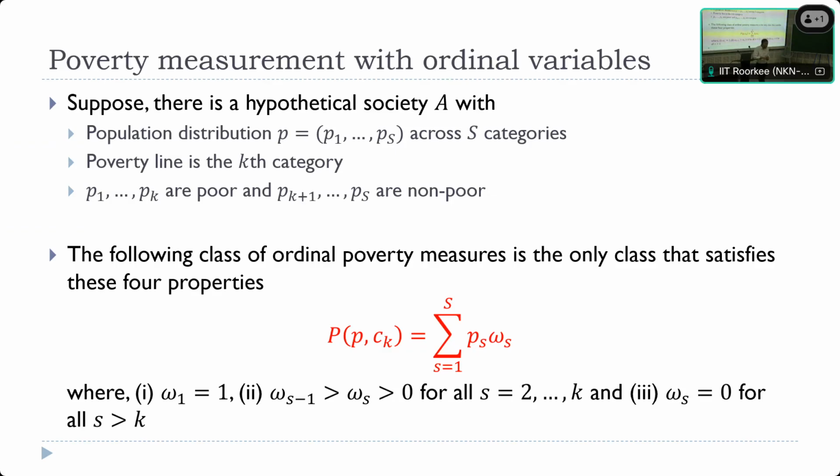At the end, what you need to do is test for dominance. That's the common thing that people ask. When you set a poverty line, who will set the poverty line? Government does. And do you agree with them?